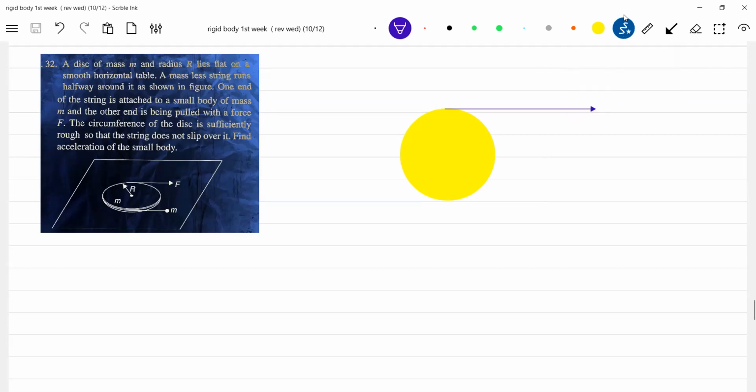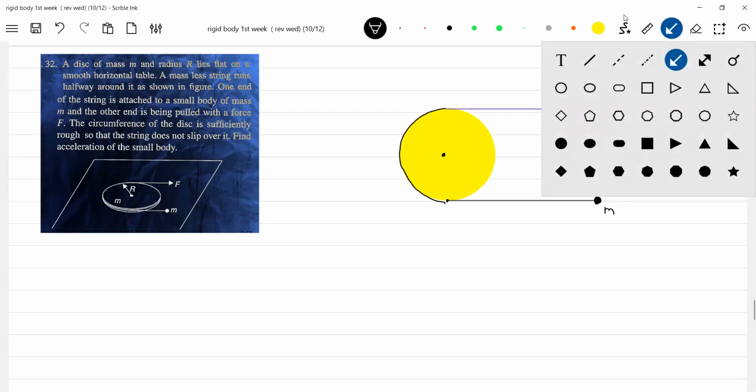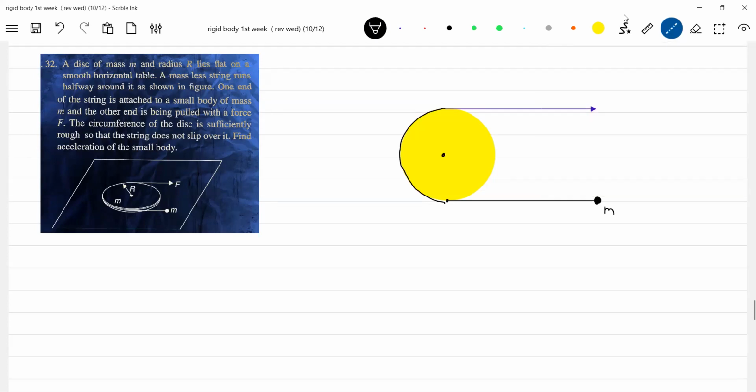Read the question, I'll set the diagram. There's a rope. There's a force applied.